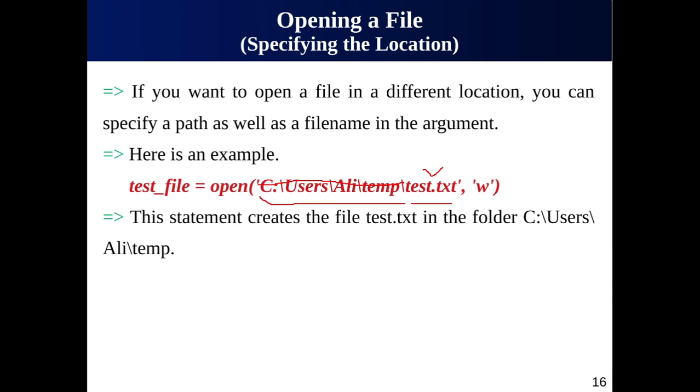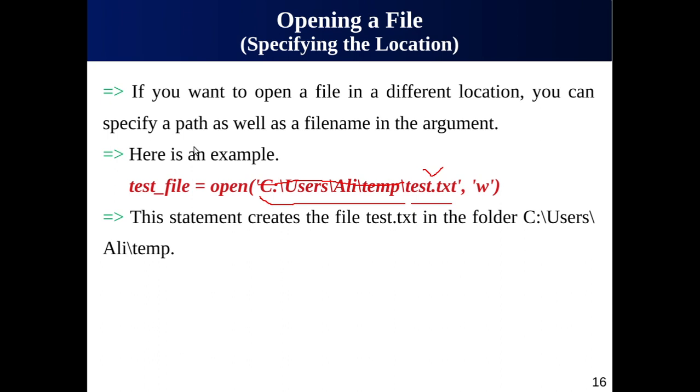If they are in the same folder, just write the name of the file along with extension, and that's it. But if, for example, the Python is installed in the C drive and your file is in the D drive, then you have to specify the complete location of the file. Otherwise, it will give you an error.